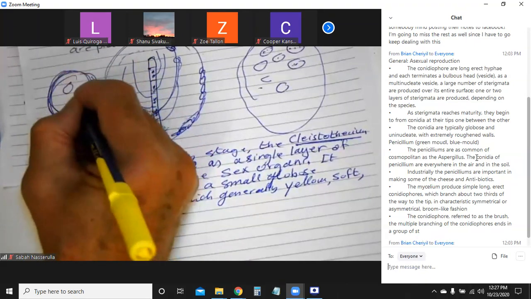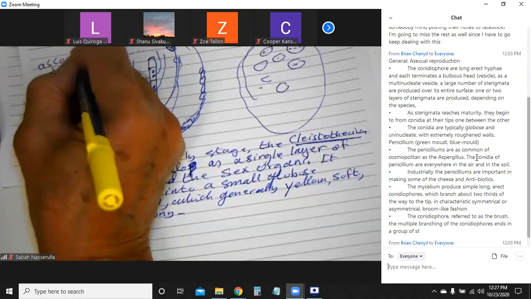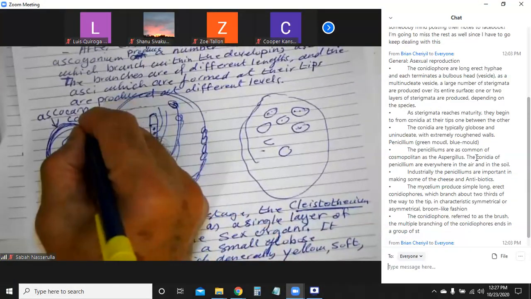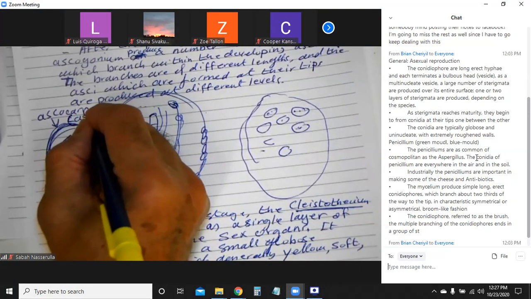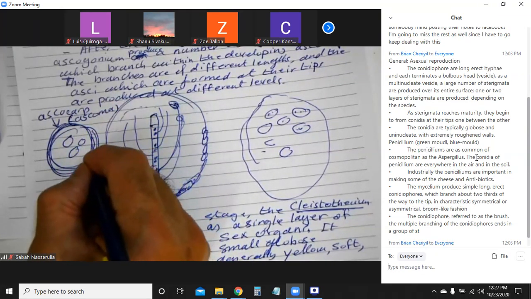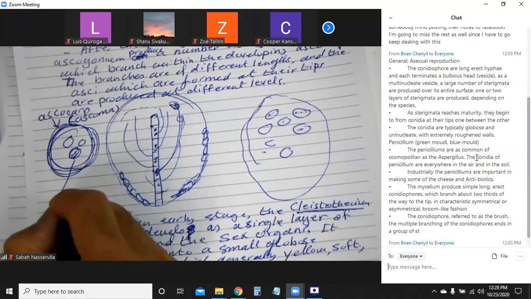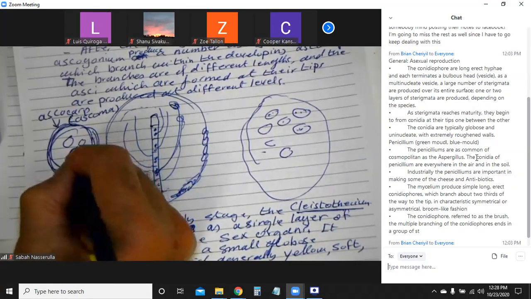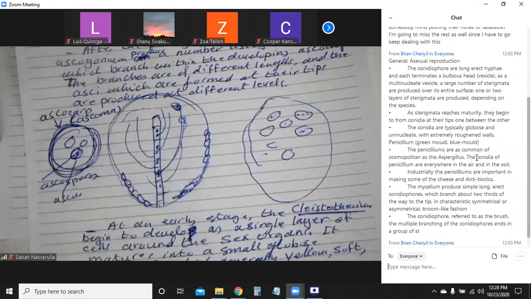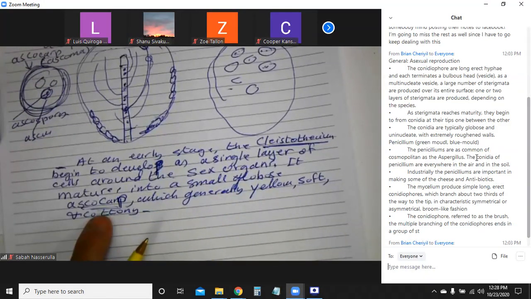Now inside it, just for your information, if this is the ascocarp, or whether you call it ascoma, or the name of it, cleistothecia, and of course then this is the ascus, and inside it are the ascospores. Soft yellow, the ascocarp here.